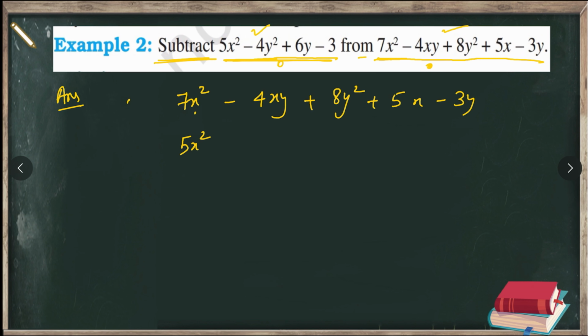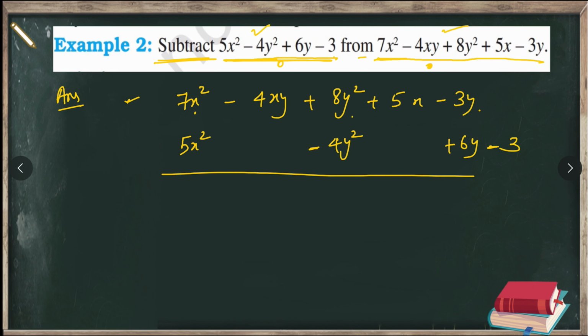Next is minus 4y square, so we have a y square term here, so we'll write 4y square here. Next is plus 6y, so we have a y term here. Next is minus 3. Minus 3 means we don't have a variable here, we just have a constant number, and in the first expression we don't have any constant number, so we'll write that after all the terms, that is minus 3.